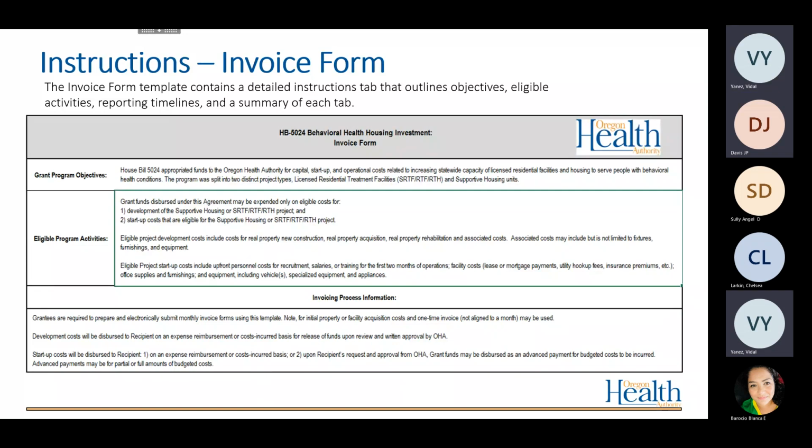But the first tab is the instructions. So this tab here will have high-level details like your grant program objectives, your eligible program activities, the invoicing process information, as well as all of the specific information that we ask for on each tab, and a description of the type of information that we would be looking for.